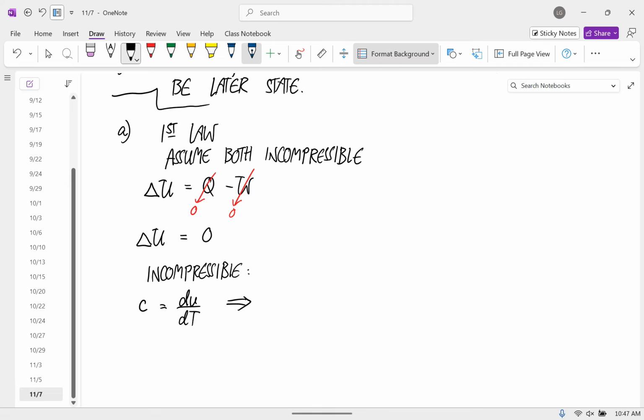And so du is equal to c dT. And if you integrate those, you get that the change in internal energy is equal to C times the difference in temperatures.